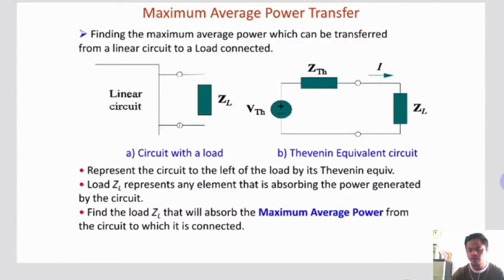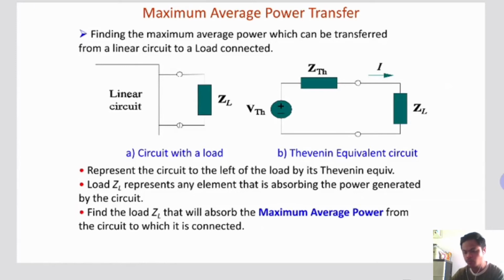So we have here the maximum average power transfer for AC analysis. This means finding the maximum average power which can be transferred from a linear circuit to a load connected to that circuit. Maximum average power transfer can be applied also for AC analysis.